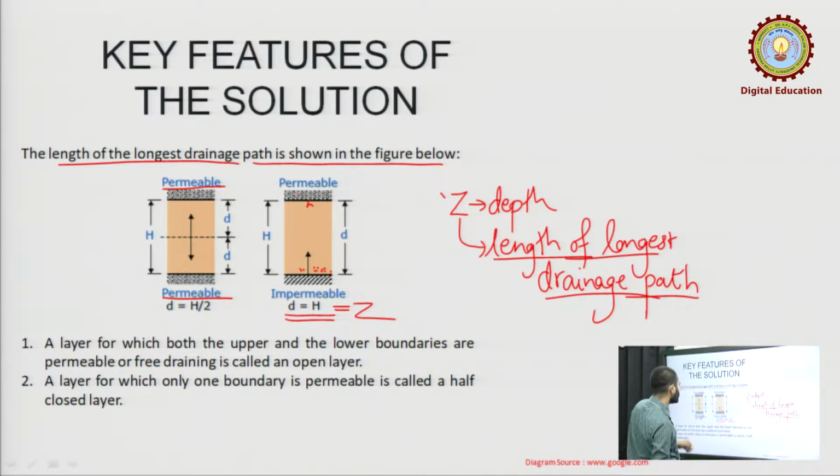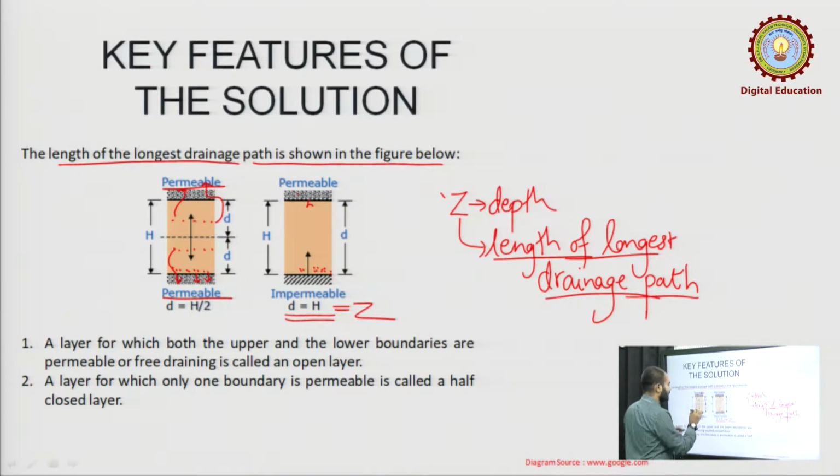But in this case, both the parts are permeable. So, the particle which is here will immediately drain out from the shortest path. If the particle is there, it will drain out from this part, like this.